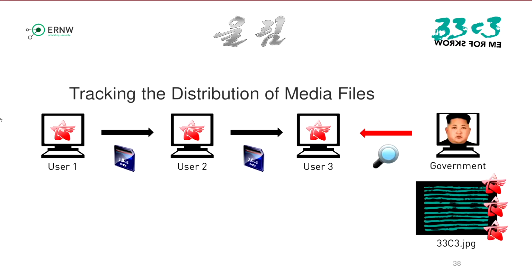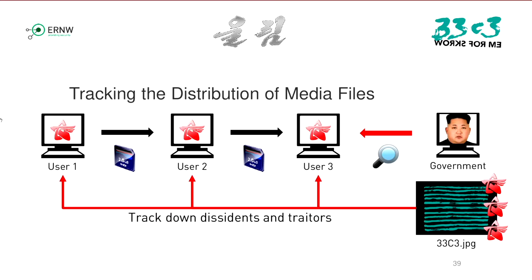If the government then gets access to the system of the third user and to this JPEG file, and they want to know what the source of this file is and who has had access to it, they are able, with this single file, to track down dissidents or traitors or whatever, because it allows you to reference all the users that had access to this file.